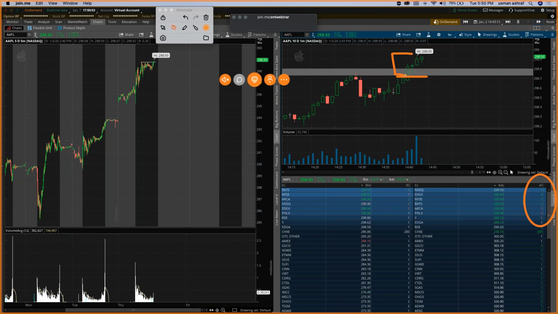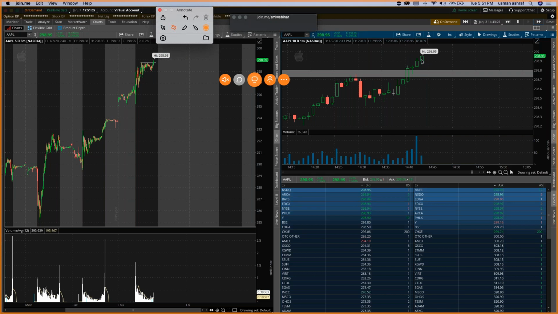Do you usually hold or sell right after the breakout when the premium gets in the money? It really depends on how strong the move is. If the volume is still pushing through and the stock price is increasing, I would not get out, I would hold. For example, in this case, once it gets closer to 299, that's the level I want to watch, because I watch the 50-cent increments on level 2. Those are my main levels.